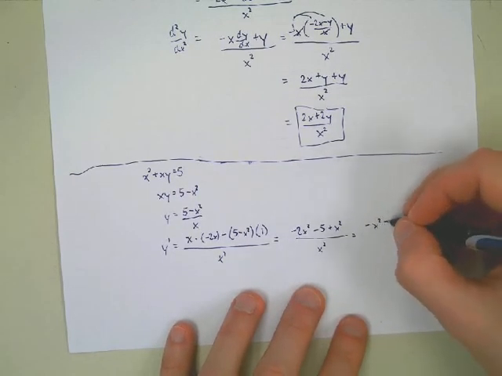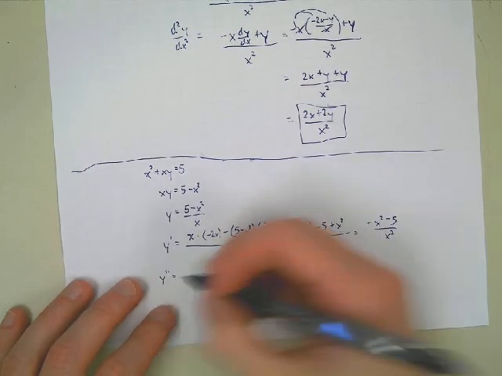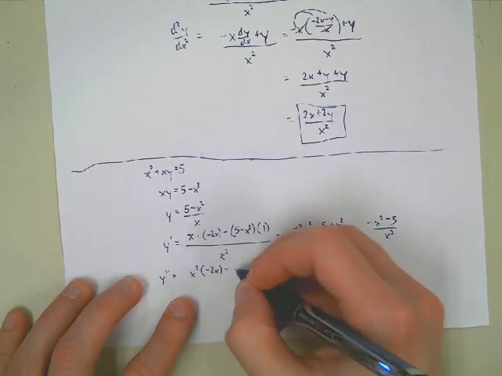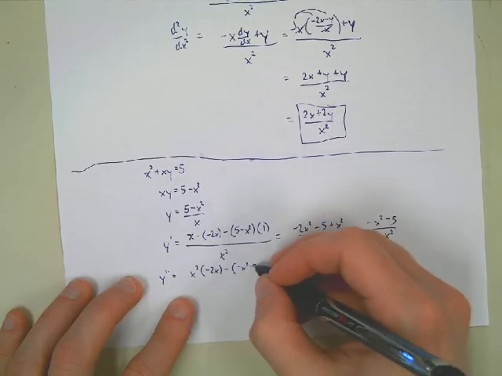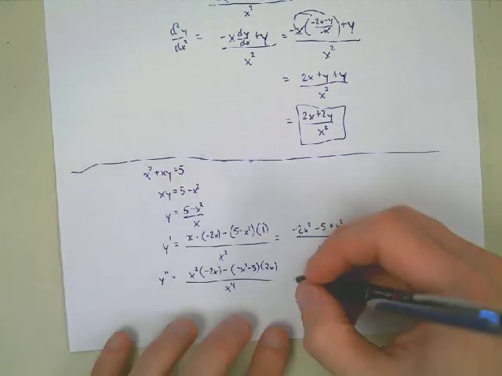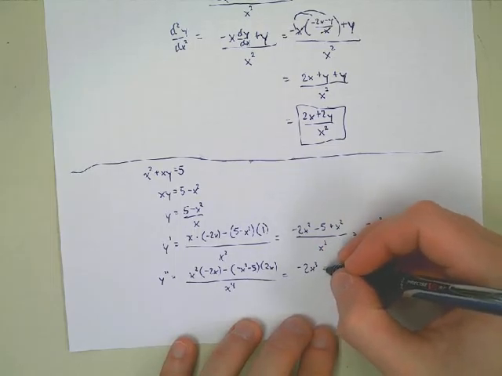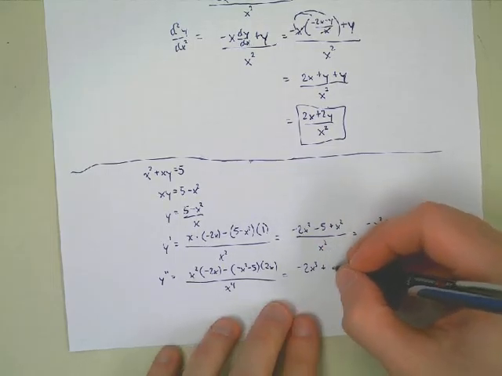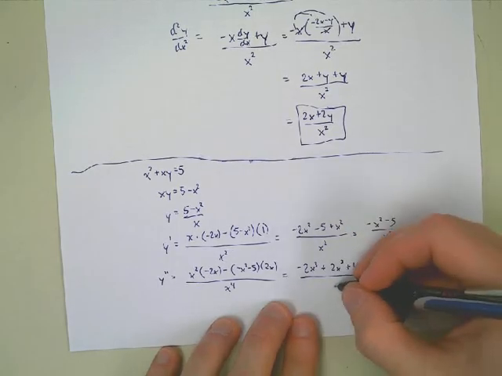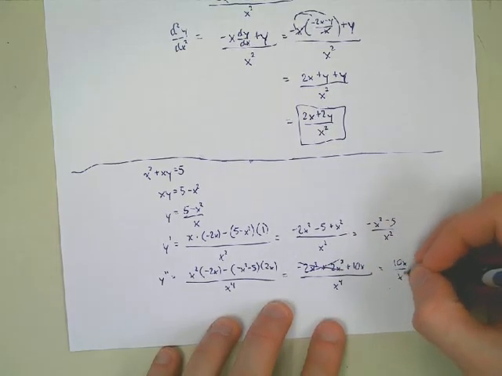And then we take the derivative again, so it'll be the bottom times the derivative of the top minus the top times the derivative of the bottom all over the bottom squared. Plus 2x to the third plus 10x all over x to the fourth, so those cancel. I get 10x over x to the fourth, which is then just 10 over x cubed.